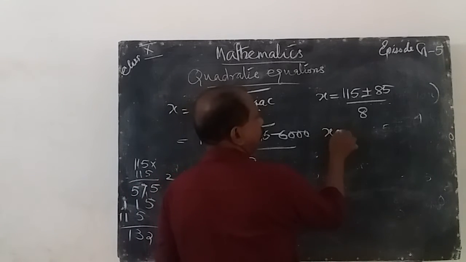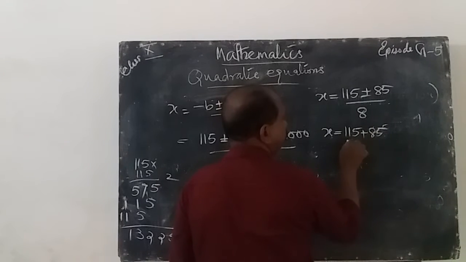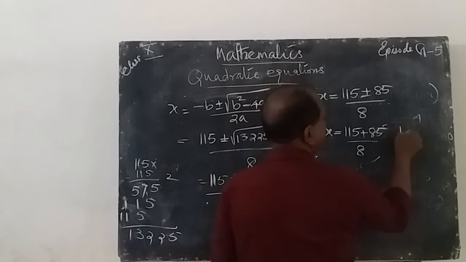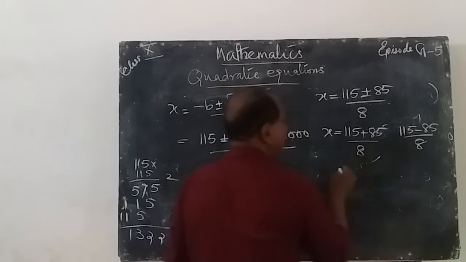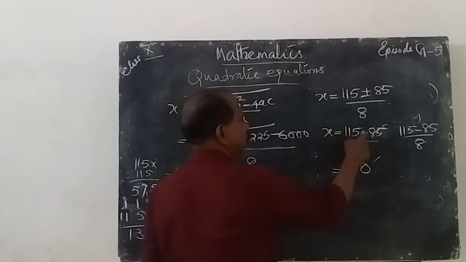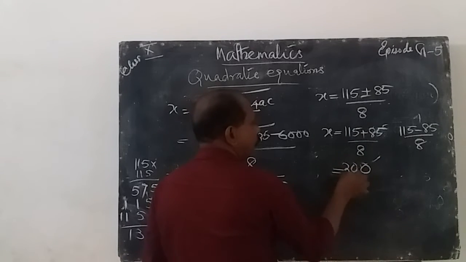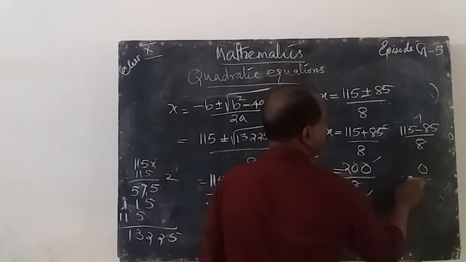Then x is equal to 115 plus 85 by 8, comma, 115 minus 85 by 8, is equal to 200 by 8, comma 30 by 8.